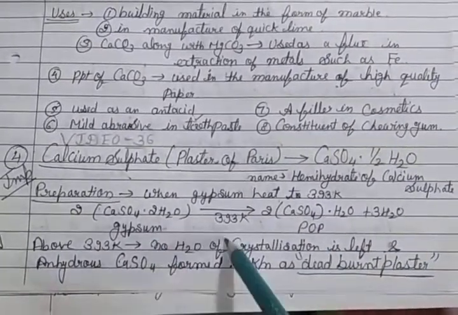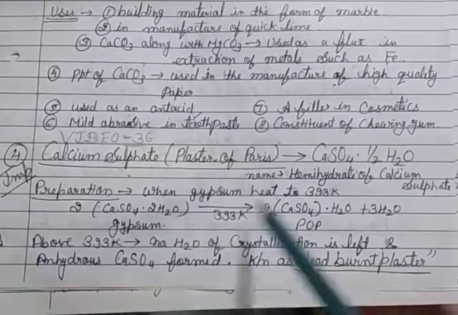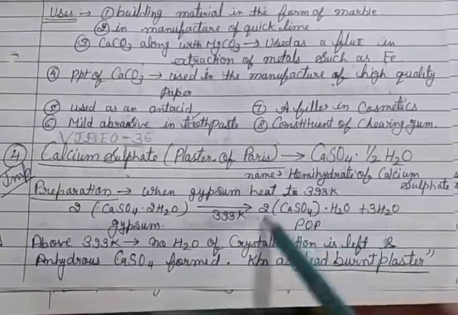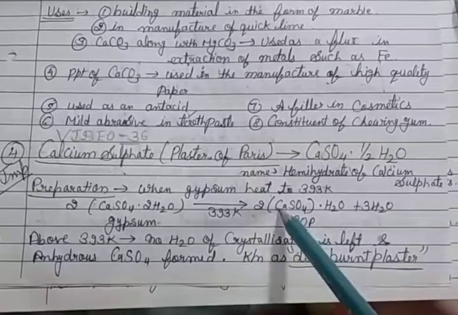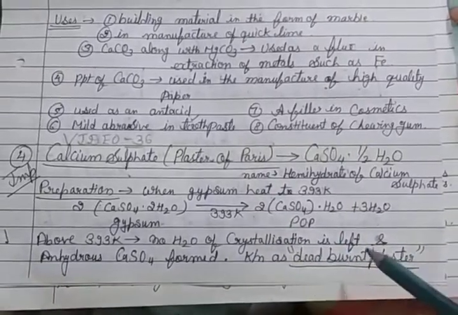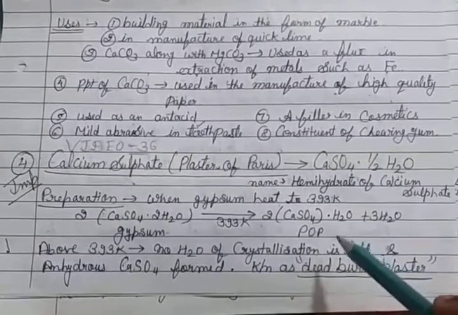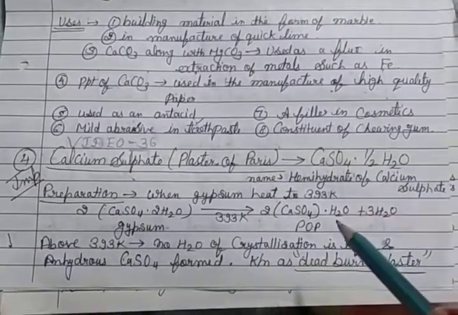So gypsum heated at 393 Kelvin forms POP, plaster of Paris, calcium sulfate hemihydrate.